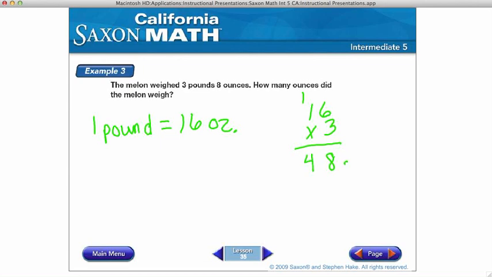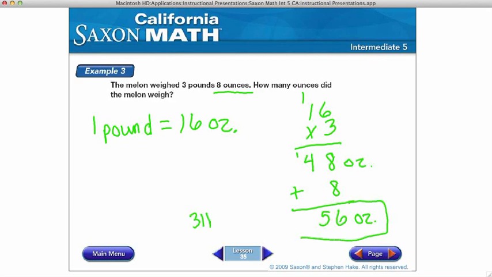So 3 pounds is 48 ounces. And then I take this 8 ounces and add it to my 48. And we get a total of 56 ounces. So 3 pounds, 8 ounces equals 56 ounces.